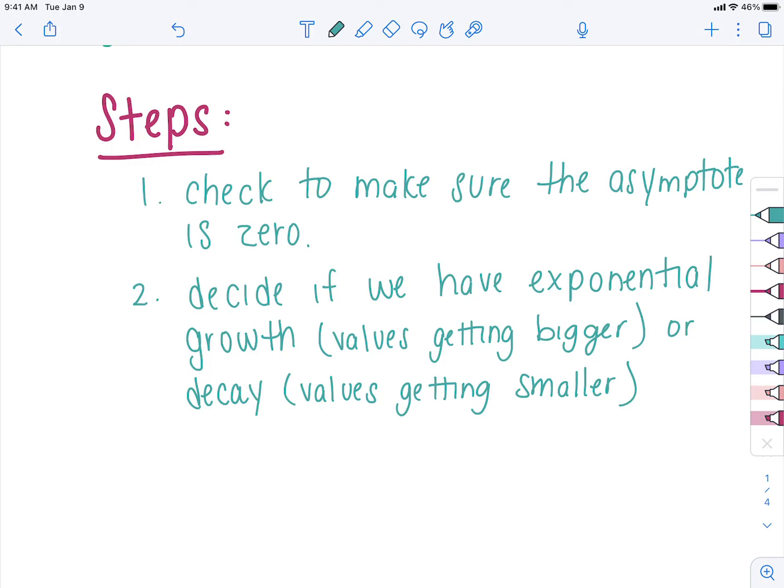Your classwork isn't going to actually ask you to identify growth or decay, but your homework will physically ask you to put that in just to make sure that you are checking it and that you totally understand which one is growth and which one is decay.